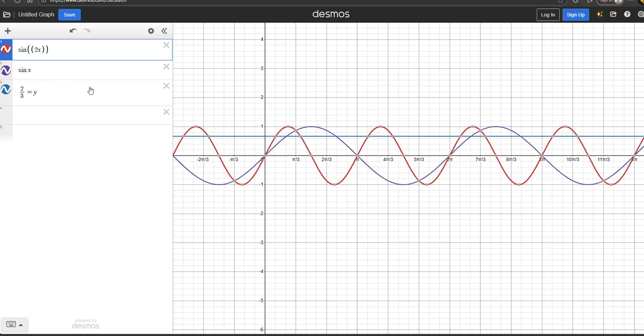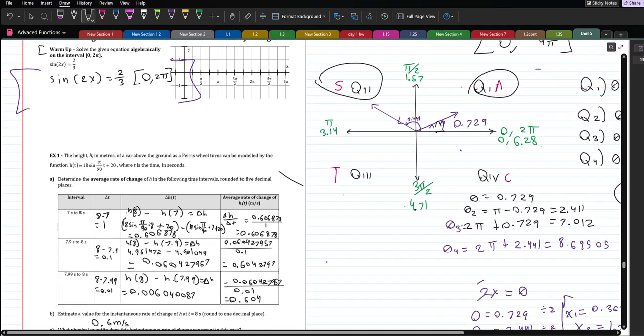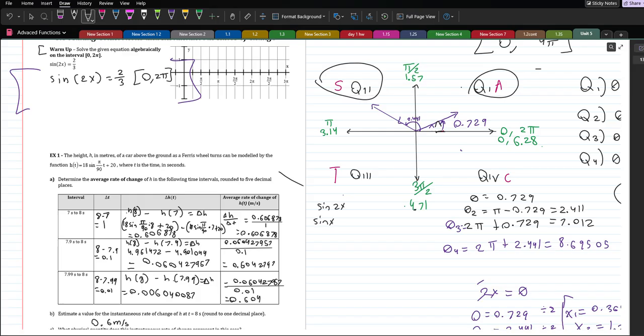Now this is weird because without the line you can see that the sine 2x graph has half the period of the sine x graph. You can think about it like this. Sine of 2x and sine of x are both runners competing in a race.